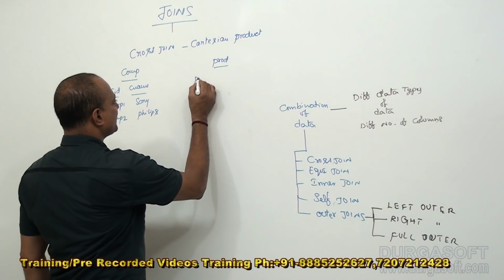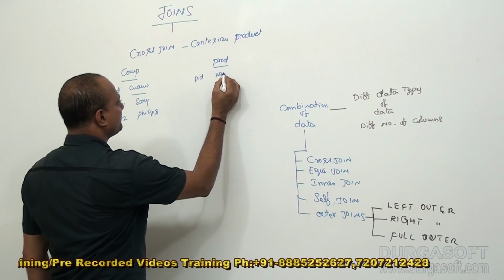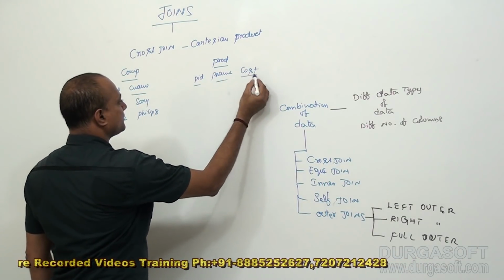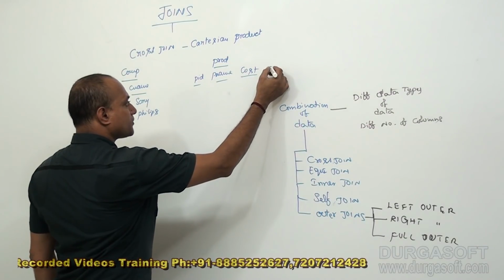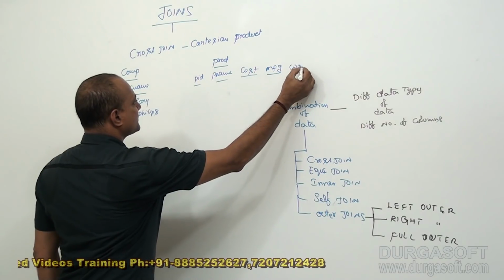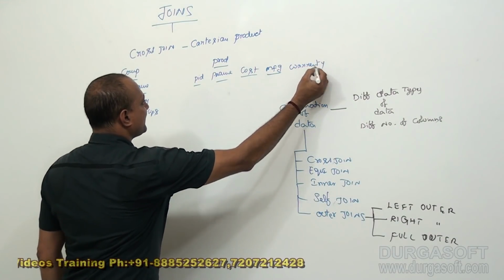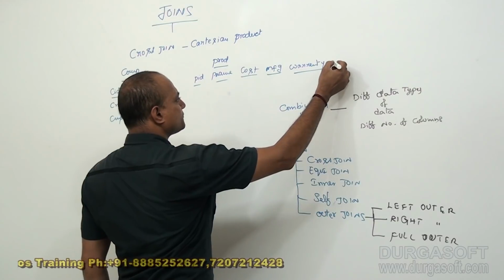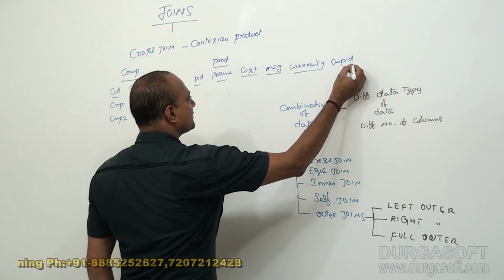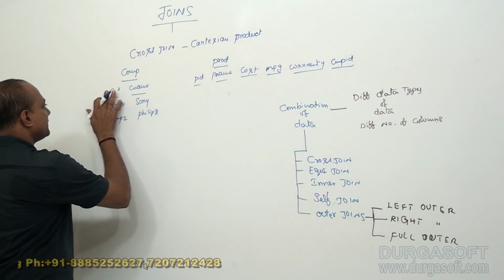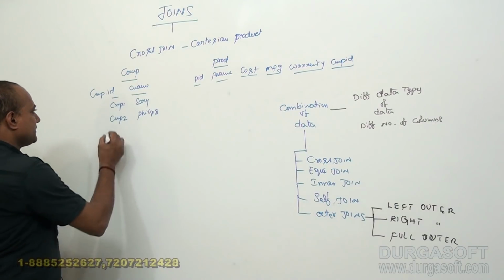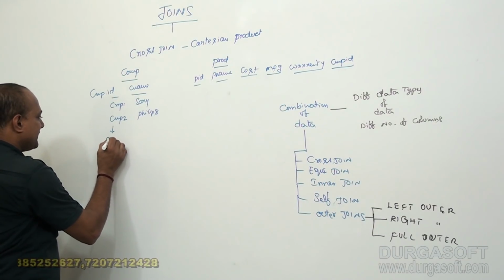Product table has product ID, product name, cost of the product, manufacturing date, warranty, and description of product. You can maintain the list of columns depending on your domain. At last I am maintaining the company ID. Let me change it to CMP ID. So in the company table, CMP ID is the primary key.